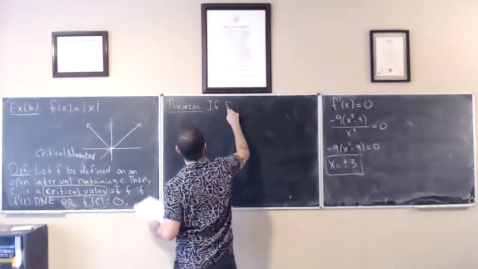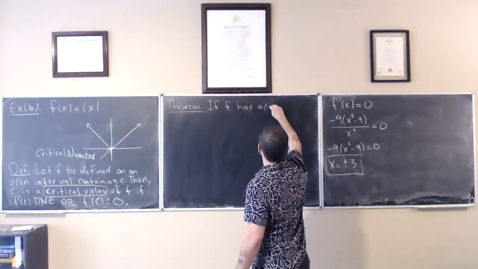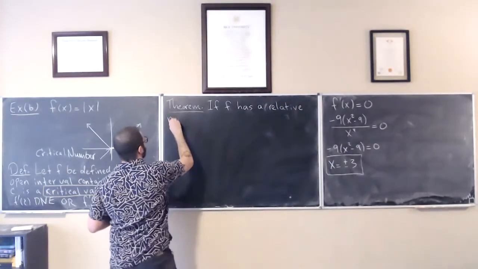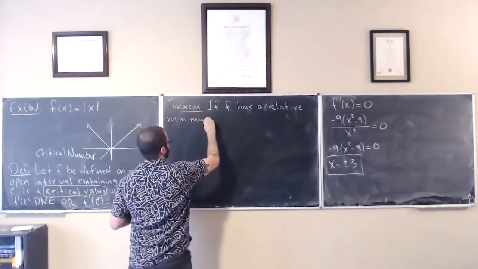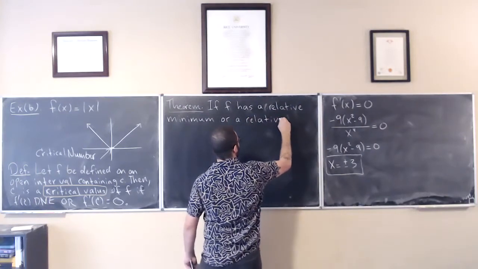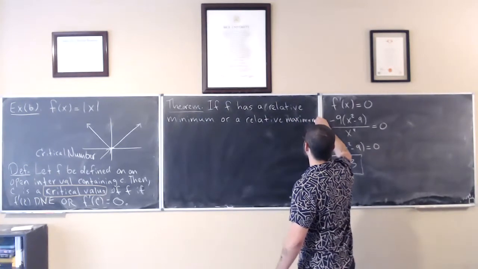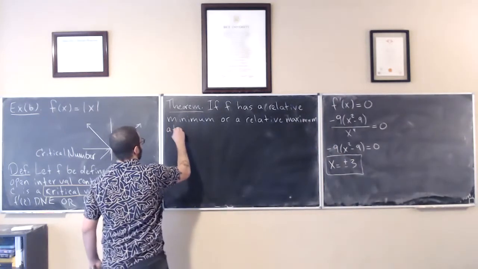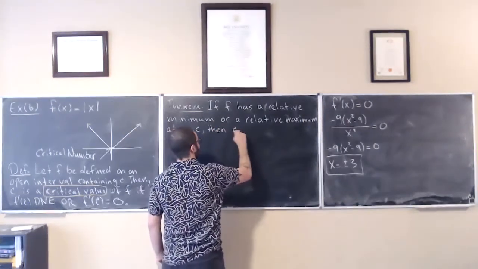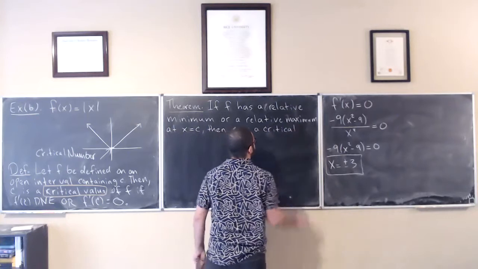If f has a relative min or a relative maximum at x equals C, then C is a critical number of f.